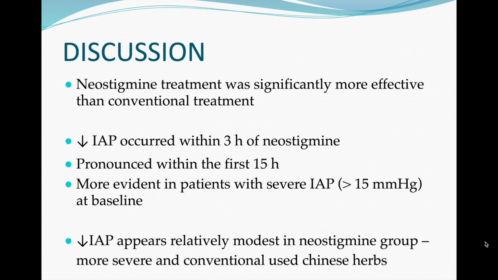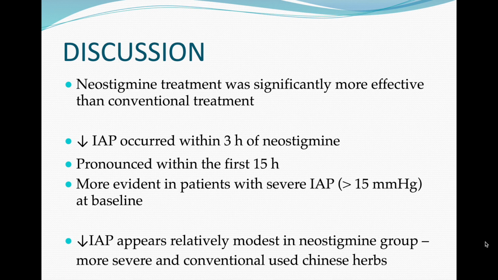It was more evident in the subgroup analysis, in patients with severe IAP, that is, more than 15 millimeter mercury at baseline. The reduced IAP appears relatively modest in the Neostigmine group, and it is more marked in the conventional group. Chinese herbs were used in those groups. As I told you earlier, this was a bias or a confounding factor because this was used in many patients in the conventional group.